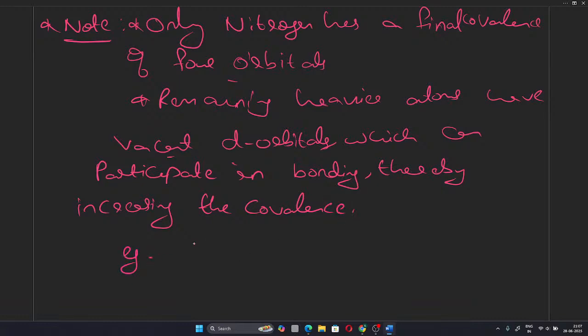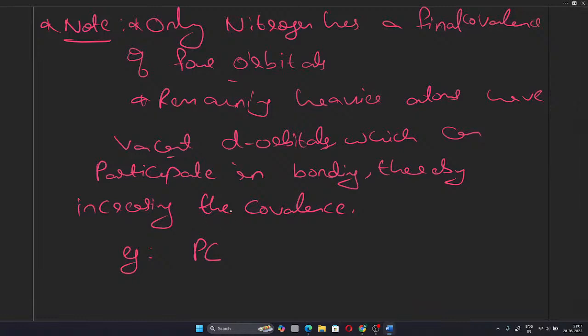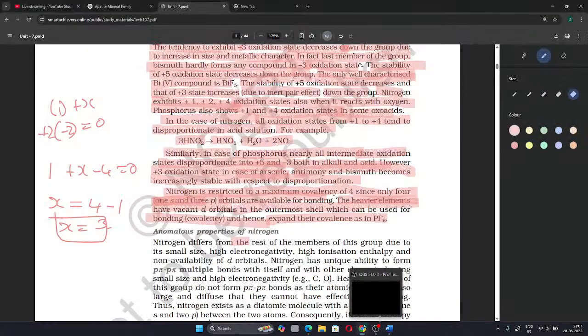Example which they gave is PF6 minus, yes.